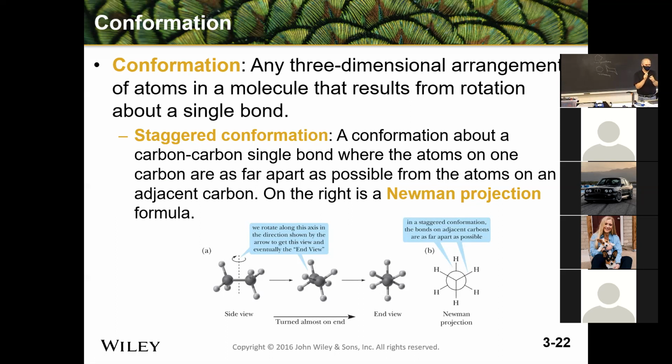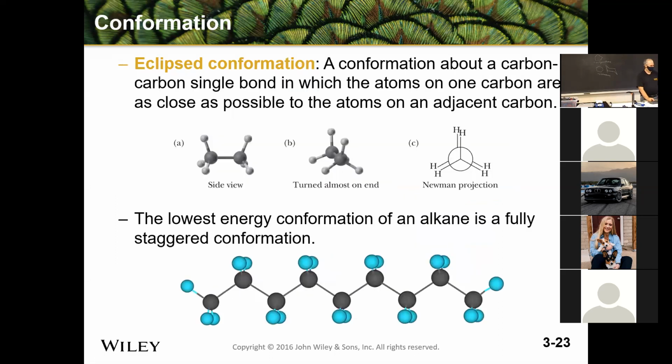The carbon in front has the bond starting from the center of the circle. The carbon in back has the bond starting from the outside of the circle. So what is shown is the staggered, and then this is the Newman projection for the eclipsed.